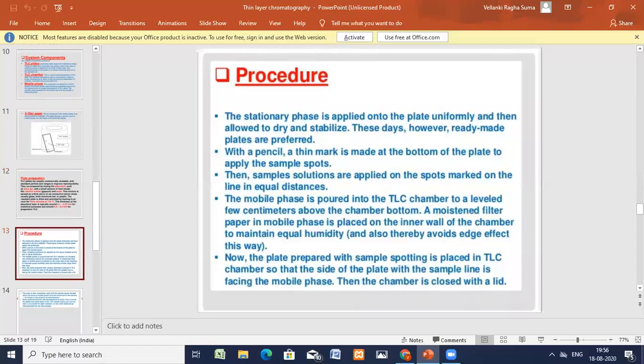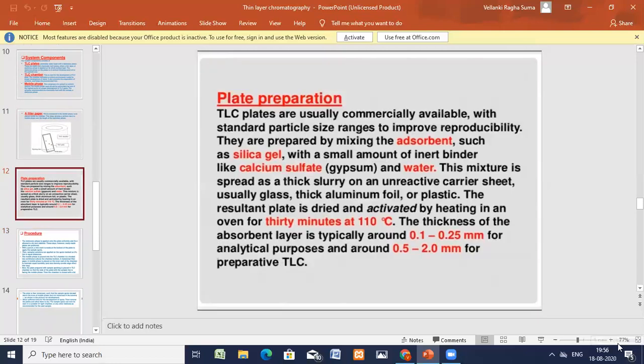Now the procedure we'll see. The preparation of the thin layer, as I have told you, we have seen. The coating material is used as a suspension slurry in liquid. That prepared one is commercially available and we are buying.